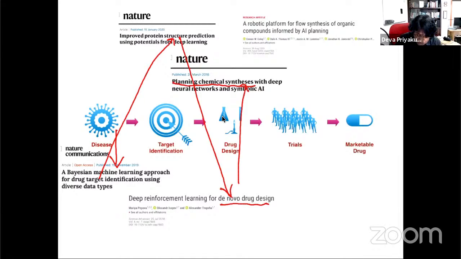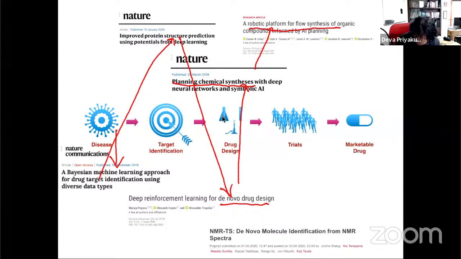And then, what if there is a robotic platform that can take this synthetic route proposed by the algorithm and make that synthesis, right? Some technician will provide whatever chemicals are needed for the synthesis to the robot, and then the robot will do everything.